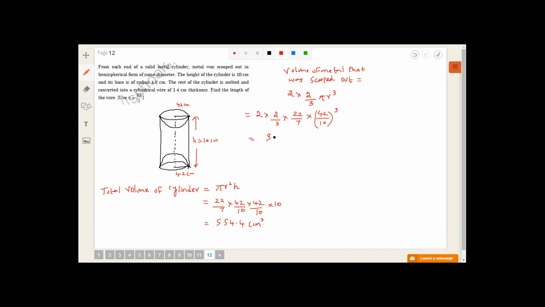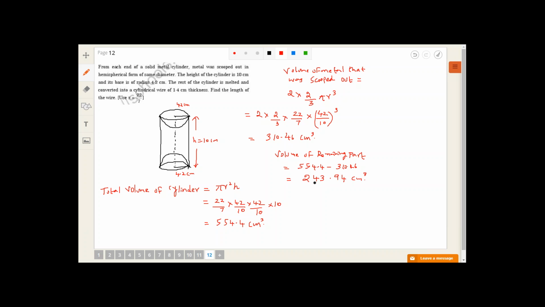If we calculate that, it will be 310.46 centimeter cube. So the volume of the remaining part is equal to the volume of the cylinder minus the volume of the metal that was scooped out. So it will be 554.4 minus 310.46, which is equal to 243.94 centimeter cube.